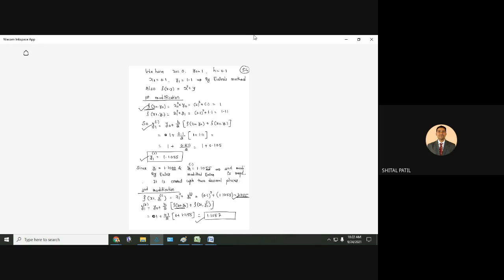If we compare with the previous value, do the comparison. So what is the conclusion? Up to 3 decimal places it is the same. Getting it, everyone? Up to 3 decimal places the answer is the same. Right. So the next modification is required.